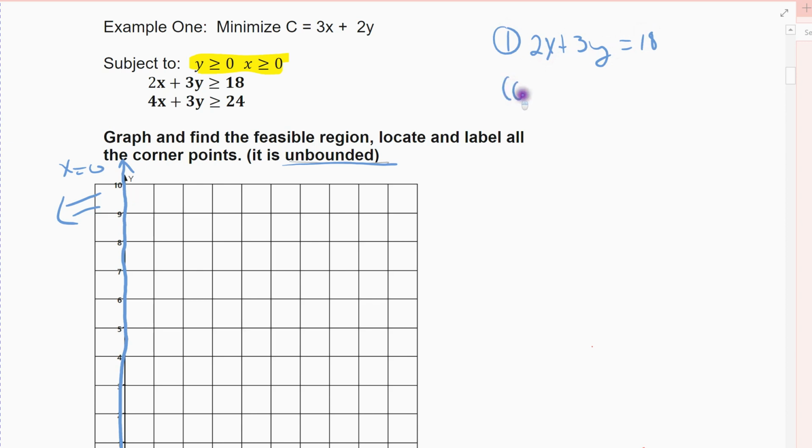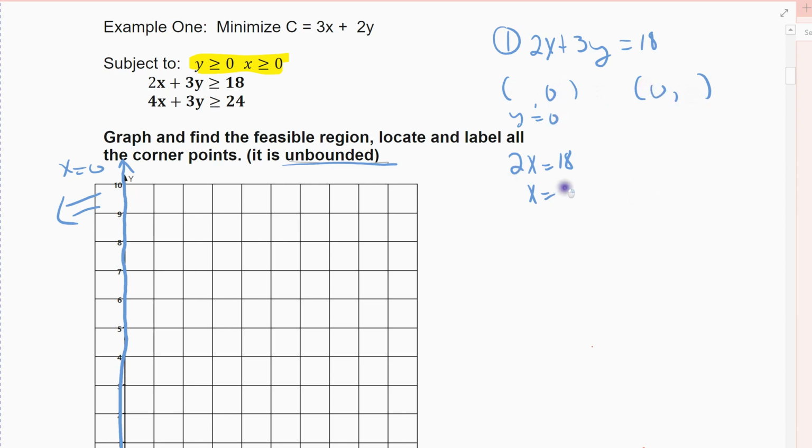I always graph my intercepts because those typically will be some of my corner points. I'm going to start with y equals 0, so that zeroes out the y. So I get 2x equals 18, and I did the wrong point, but we'll just switch my zeros.